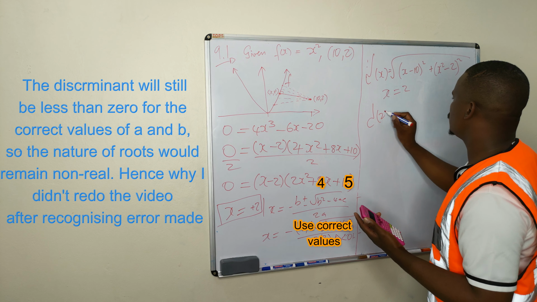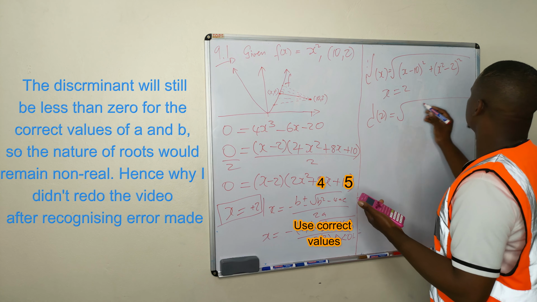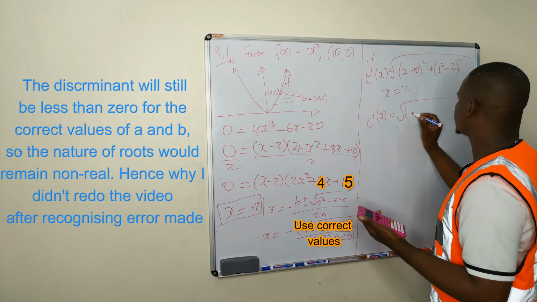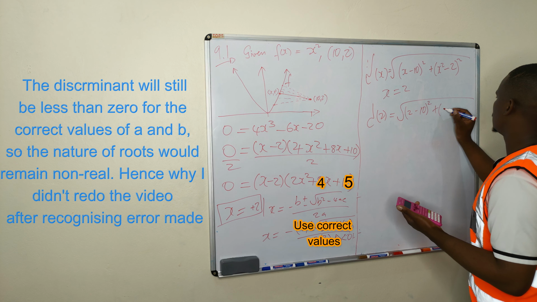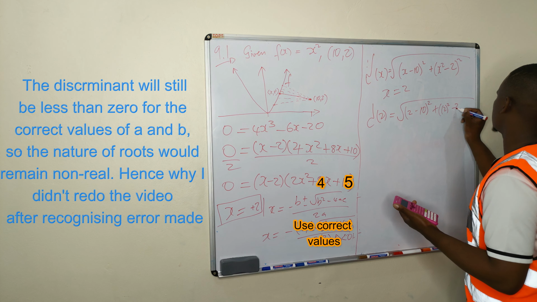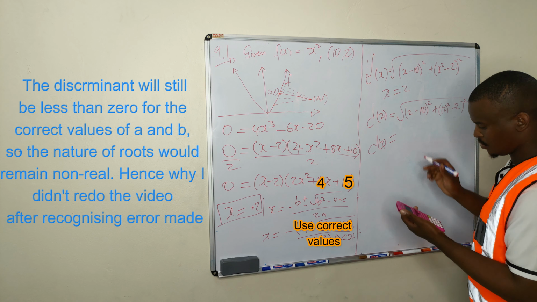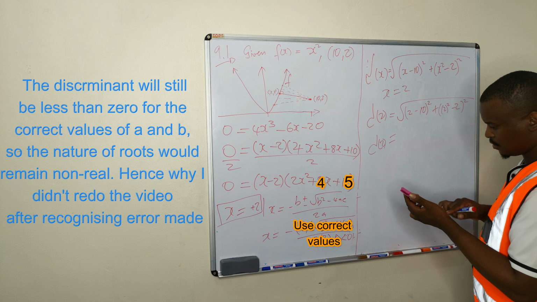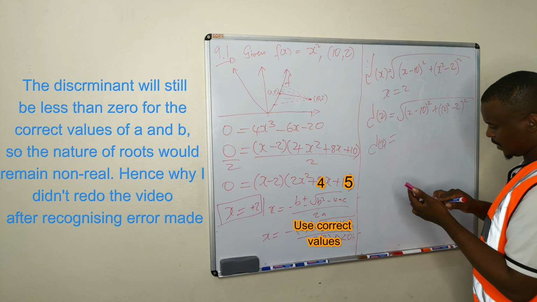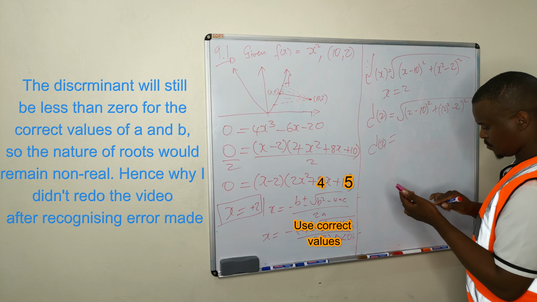So distance at 2 is equal to 2 minus 10 all squared plus 2 squared minus 2 all squared.